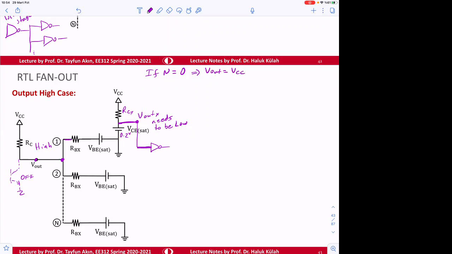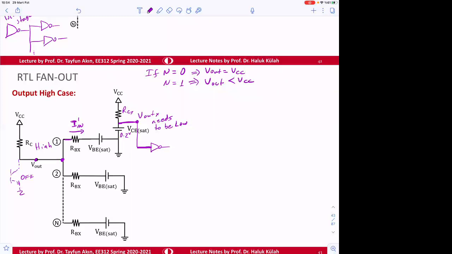But if n is equal to 1, then there's going to be this IN prime current. So therefore, V out will be less than VCC.